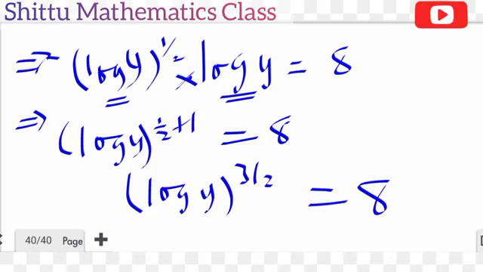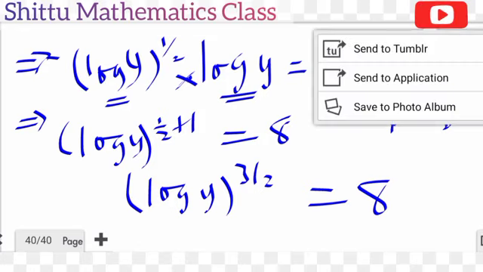Now we can see that this y is still enclosed by the power 3 by 2. So our aim is to find a way of eliminating the power so that we have y plain. If you multiply this 3 over 2 by 2 over 3, the 2 cancels 2 and the 3 cancels 3, and we are going to have 1 here.